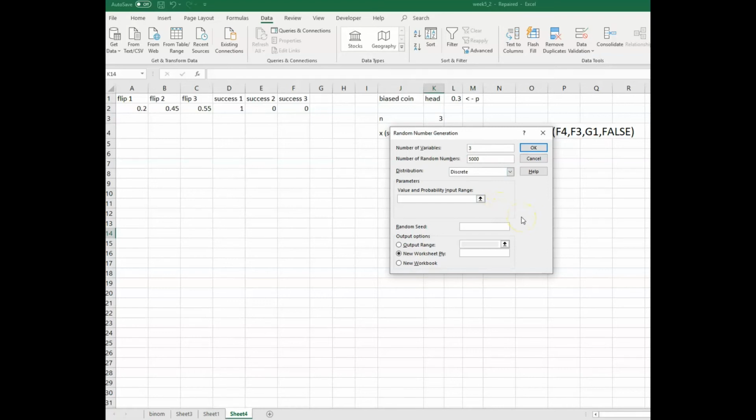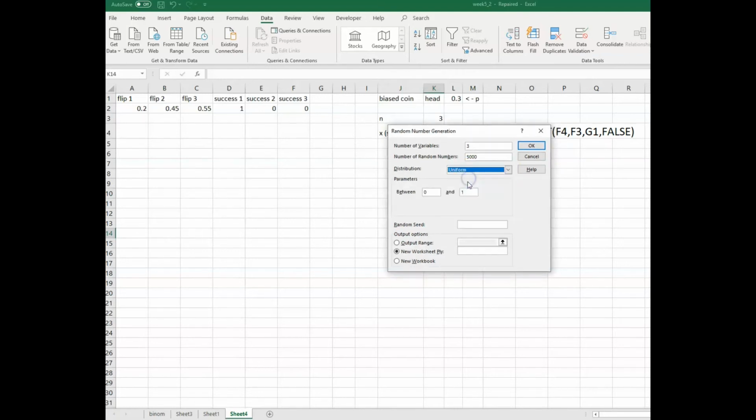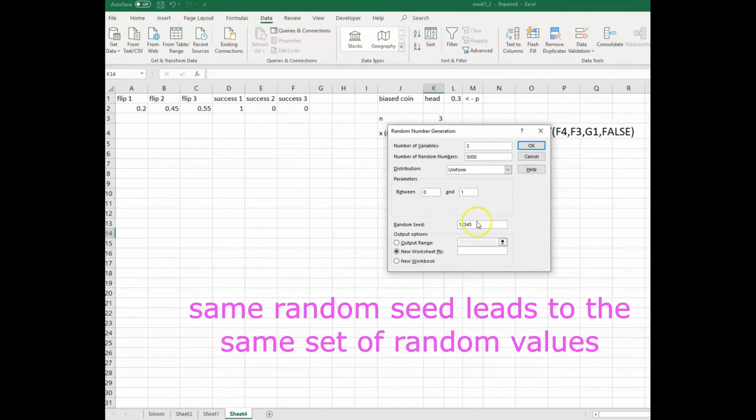This suggests we try 5,000 times. Each time we flip a biased coin 3 times. We use uniform from 0 to 1, and random seeds 1, 2, 3, 4, 5.